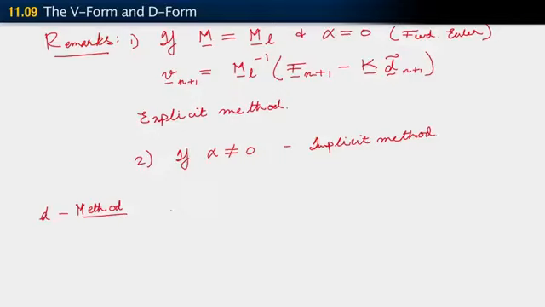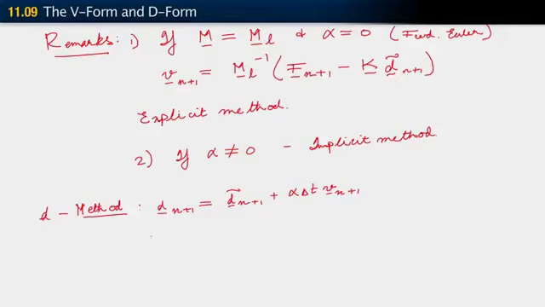In the D method, once again, we could look at our predictor-corrector form. But now we sort of turn this around to eliminate V from our discretized ODE.